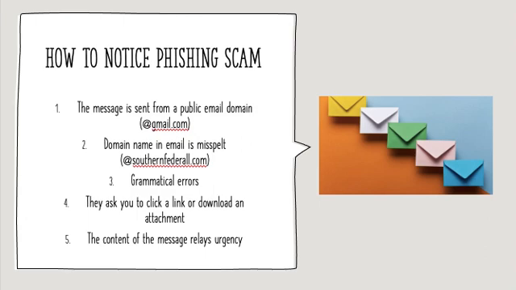This may include you having to hover your mouse over the name, because the name might seem legitimate, such as Southern Federal. But if you actually hover your mouse over, you can see it's from southernfederal at gmail.com, for example. And no enterprise will use a public email domain.